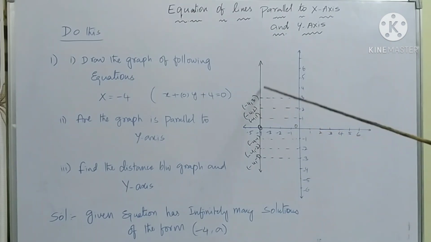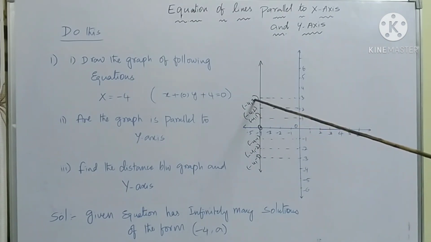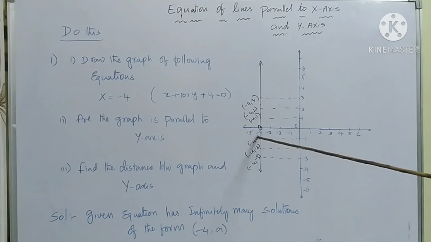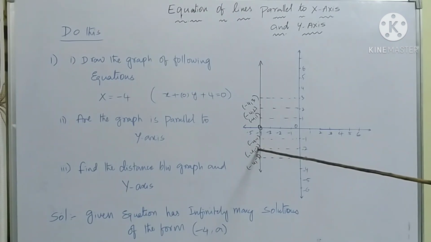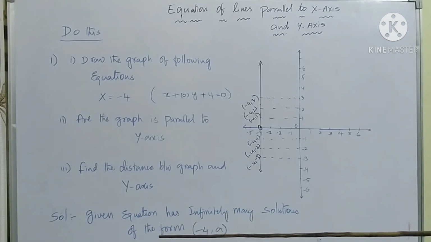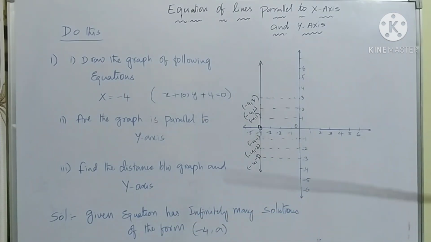The solutions are (-4, 3), (-4, 2), (-4, 1), (-4, 0), (-4, -1), (-4, -2), (-4, -3), and so on. Solutions are of the form (-4, a), where a is the y coordinate and is any real number.